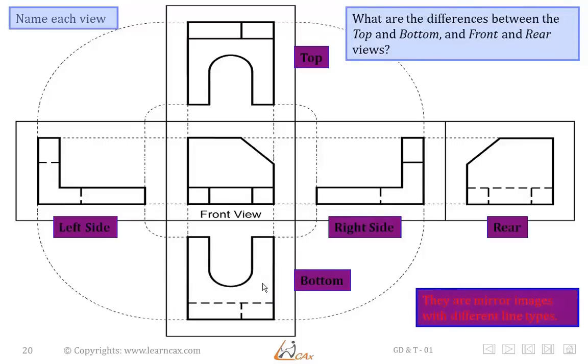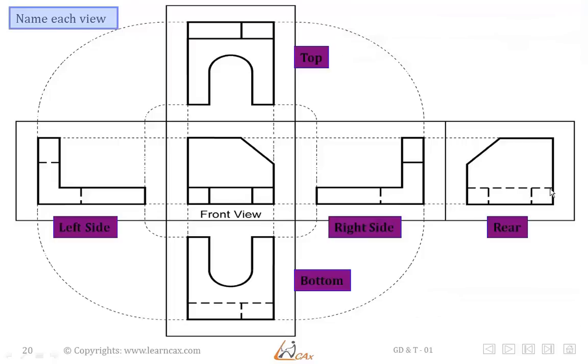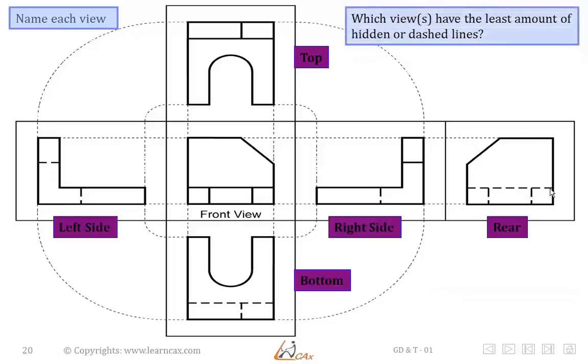Again, they are mirror images with these differences in the lines. Okay, which view has the least amount of hidden or dashed lines? It's obviously the front and the top views.